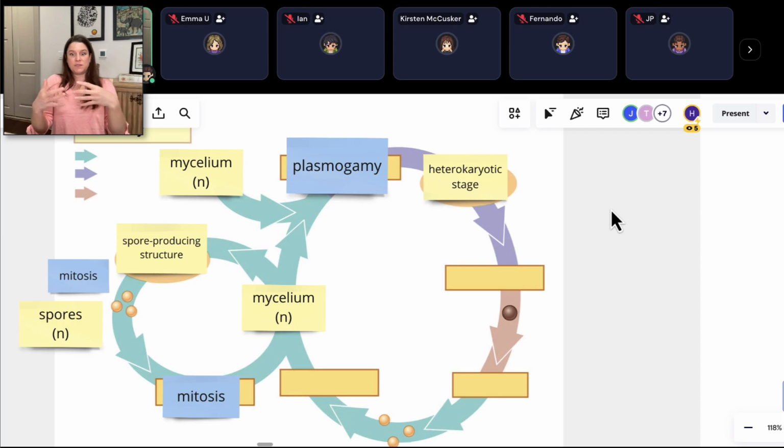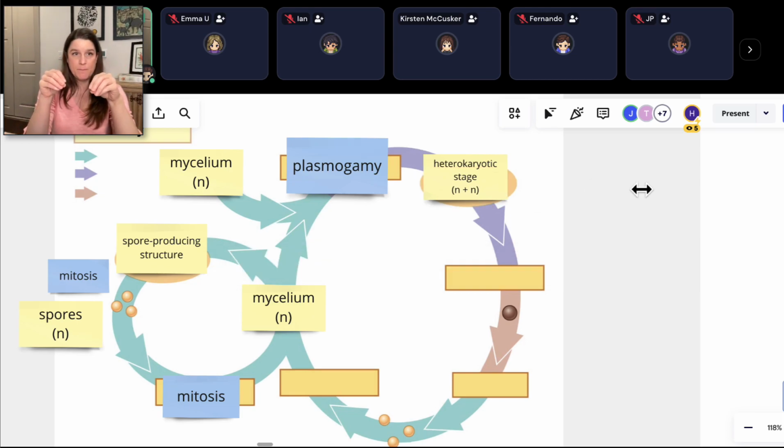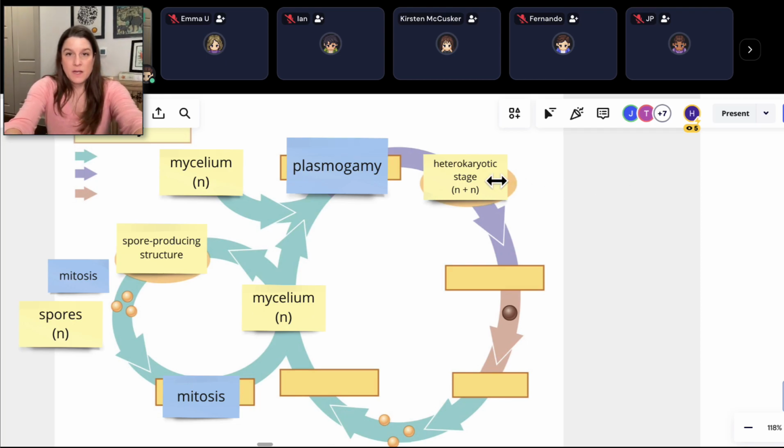So when they fuse, there's a bunch of nuclei in the one cell. Heterokaryotic, we can represent that by saying N plus N. All that means is it's going to be two or more haploid nuclei. Half of them are from one parent or initial cell, half are from the other. If we just think about two, we have one from one and one from the other. The cells fused, and they're hanging out, haploid nuclei.